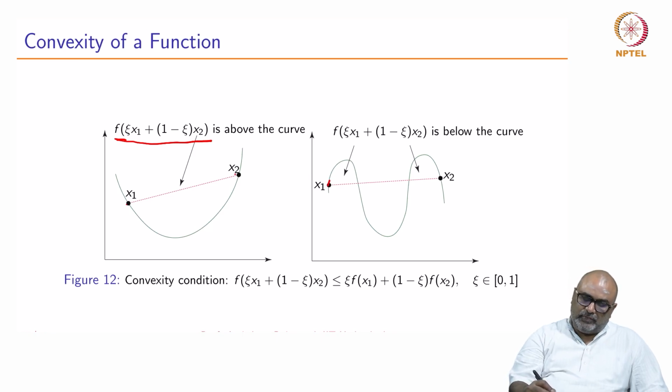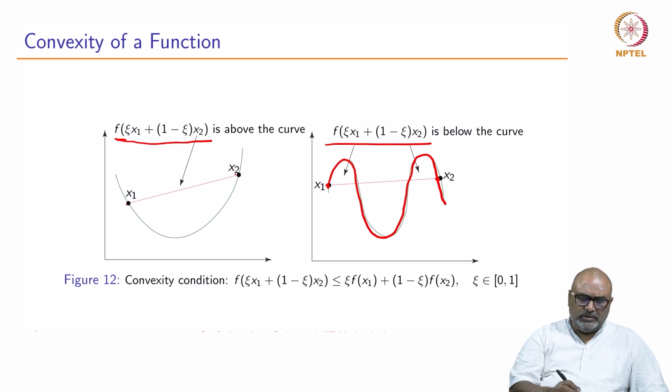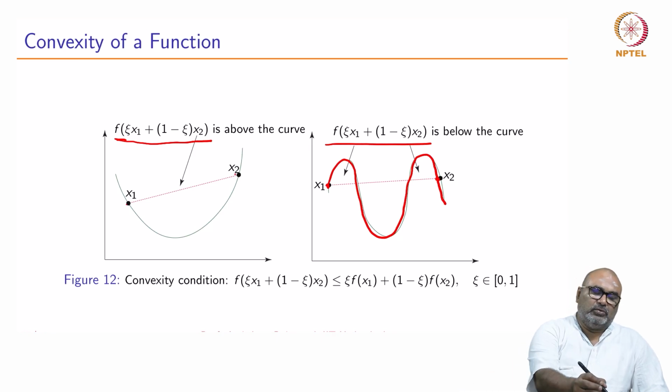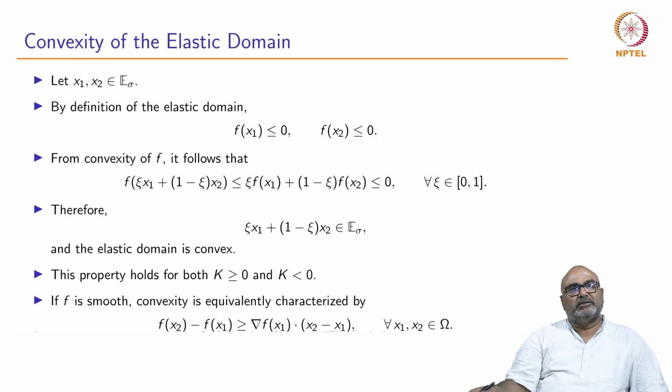But if you have a function f of this form, and x1 and x2 are any two points inside that domain, and the value of f at xi times x1 plus 1 minus xi times x2 is below the curve, then we say that the convex condition is not satisfied. So, these are the two cases to show what is meant by convexity of a function.